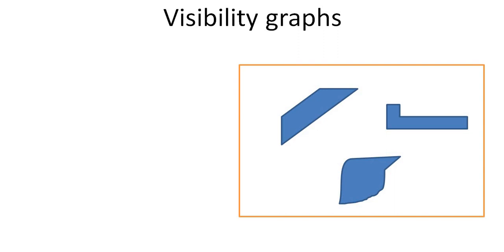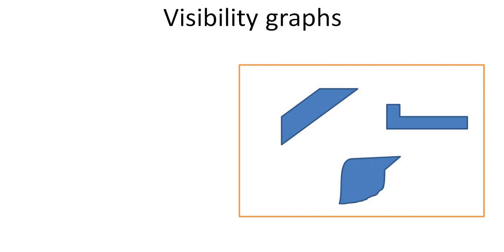Okay, let's begin with a brief introduction about visibility graphs. A visibility graph is one of the methods to make a graph in your environment or in your configuration space.